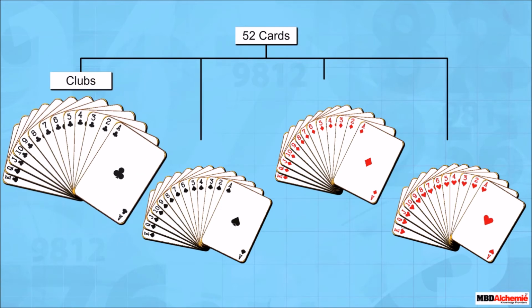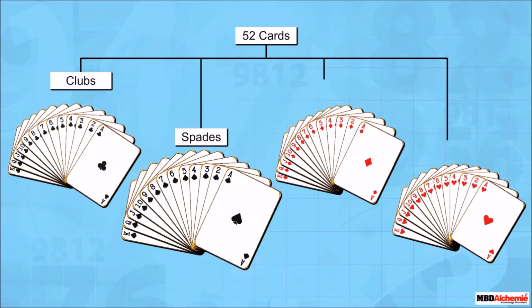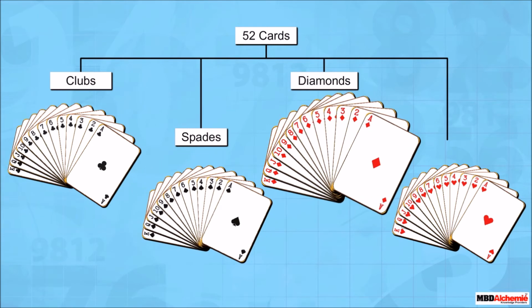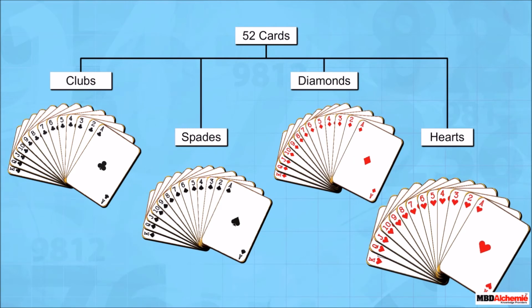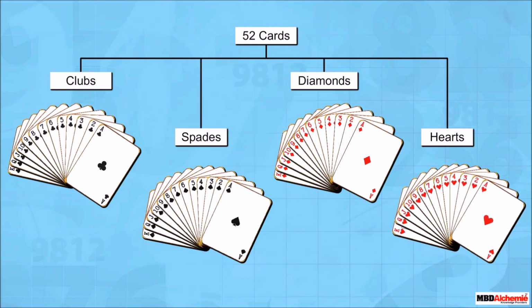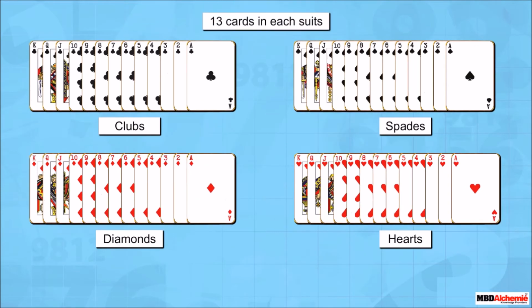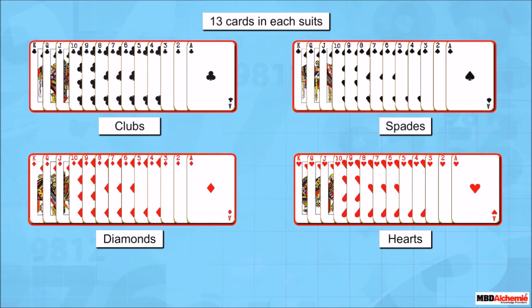These are clubs, spades, diamonds, and hearts. The suit of clubs contains 13 cards. Similarly, the suit of spades, diamonds, and hearts also contains 13 cards each. It shows that each suit has 13 cards.